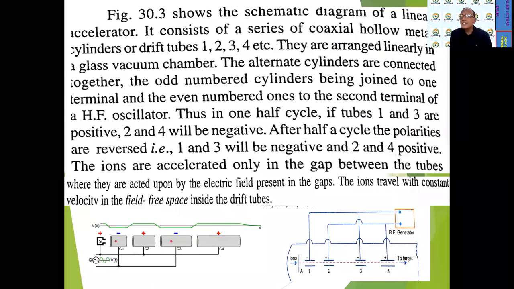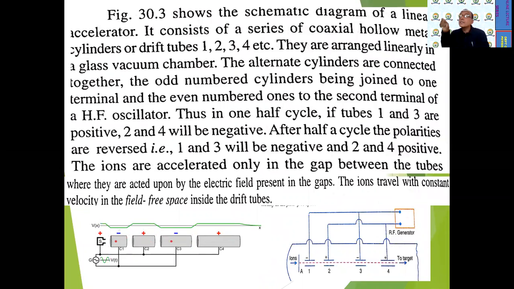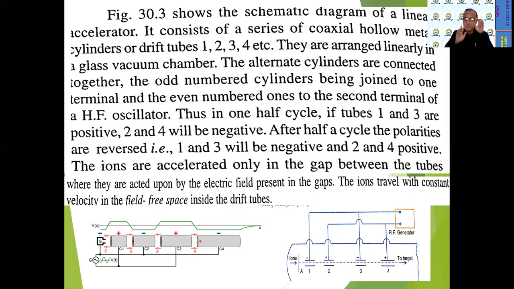That is called the time of arrival of the particle in the gap and the time of changing the cycle should be the same, and that is called resonance. And that's why this device is called a linear resonance accelerator.